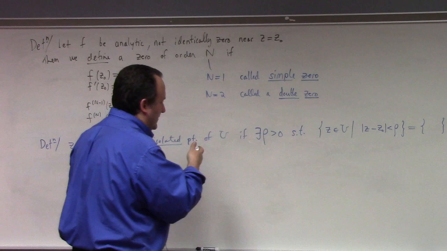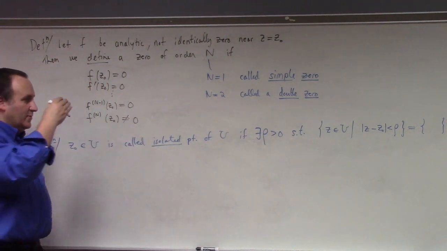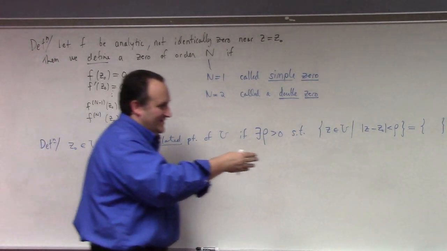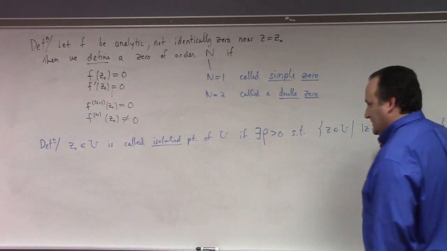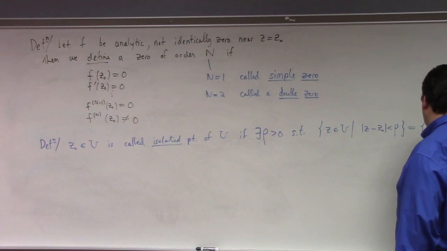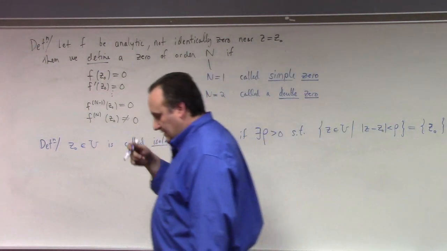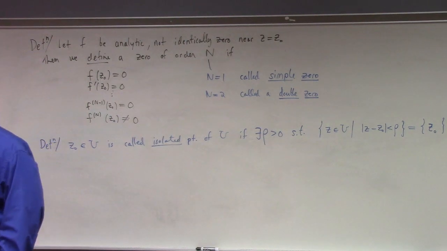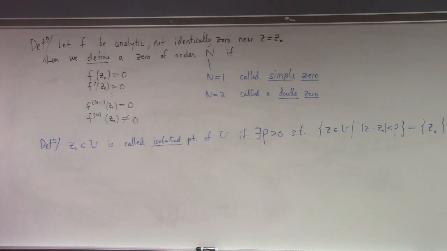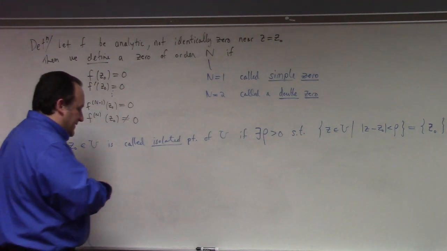So it's isolated. That means the only point that satisfies this condition in U is just z naught. What I want to explain in the next few minutes is that the zeros of an analytic function, which is not identically 0, are in fact isolated. This is very interesting, for reasons we'll appreciate by the end of this section.